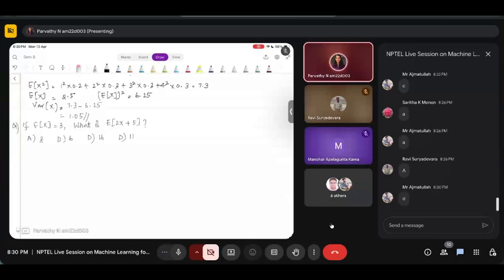So there is this linearity of expectation. That is expectation of aX plus b is equal to a times expectation of X plus b. So just directly apply that. So 2 times 3 plus 5, which is 11.